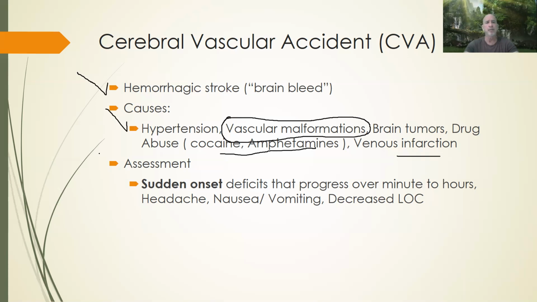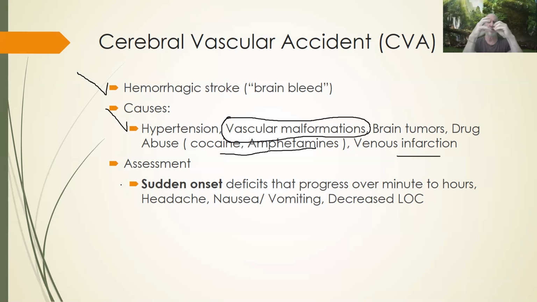And when that happens, you do experience the same neurological deficits that you do under an ischemic stroke, but they usually progress very quickly if it's a big bleed, or very, very slowly if it's a tiny bleed.